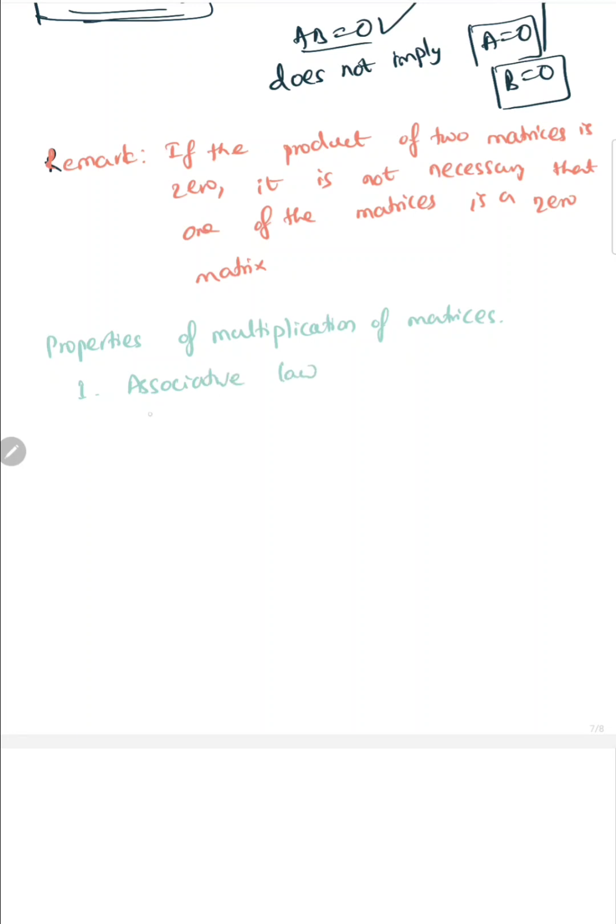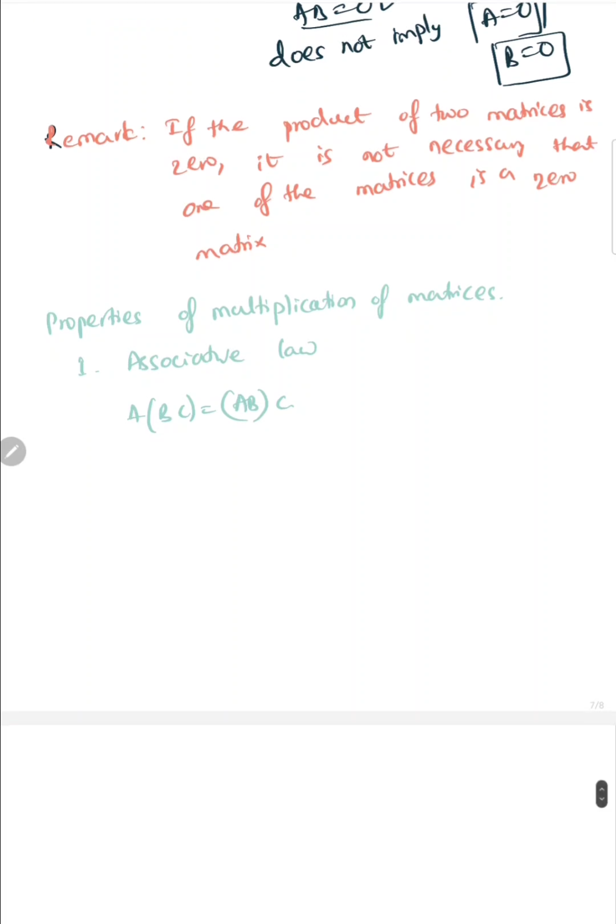What it says is, if we have three matrices such that the product exists, then A into B into C is equal to A into B into C, with the grouping changed. The associative law holds for any three matrices such that the product is possible. So this is the associative law for multiplication.